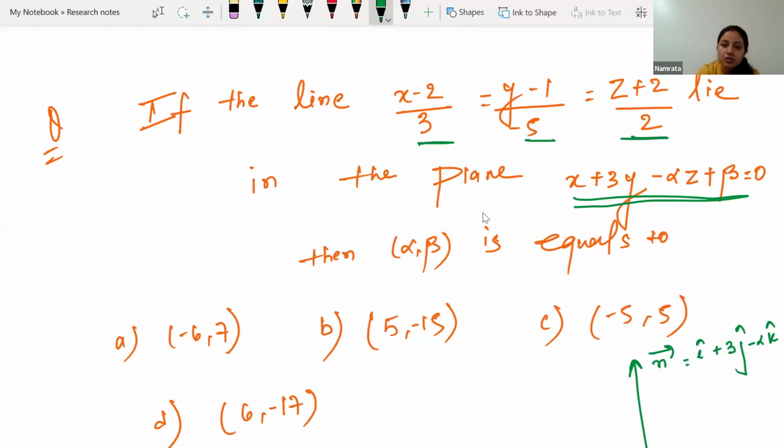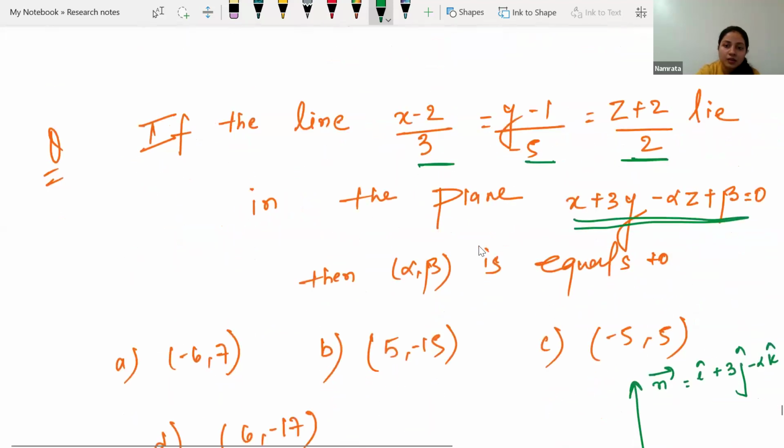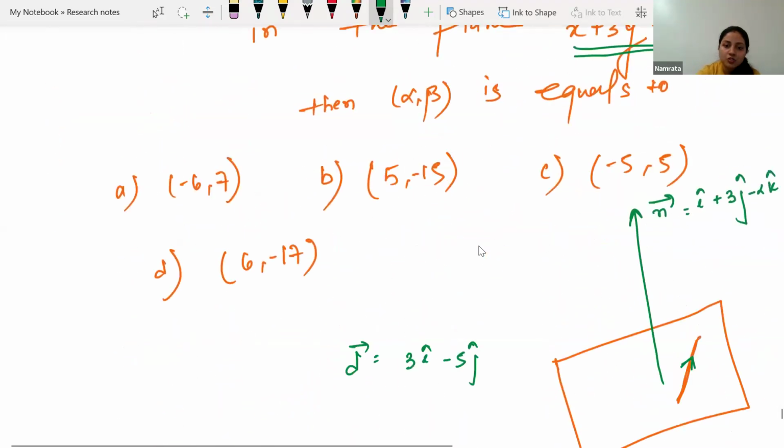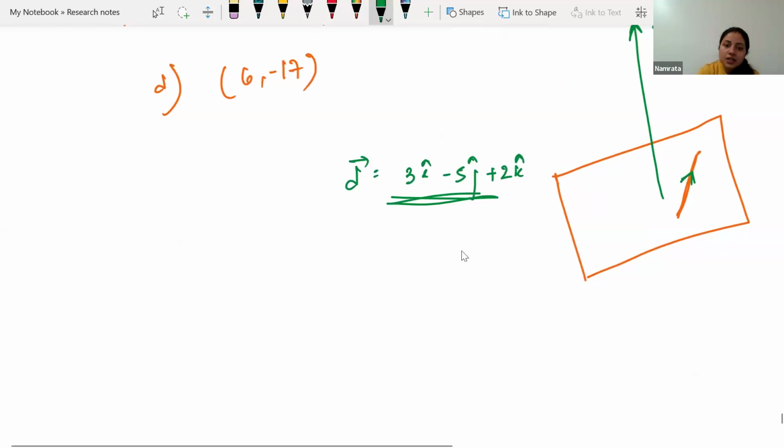Let's say d is 3i cap minus 5j cap plus 2k cap. Since the normal is perpendicular to this vector, we can say that n dot d is equal to 0. Yes or no?